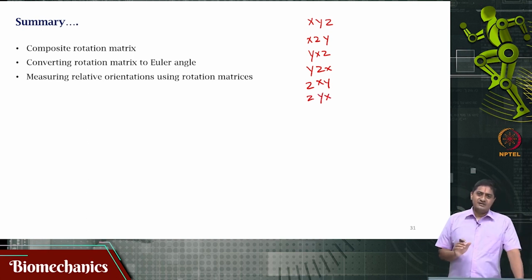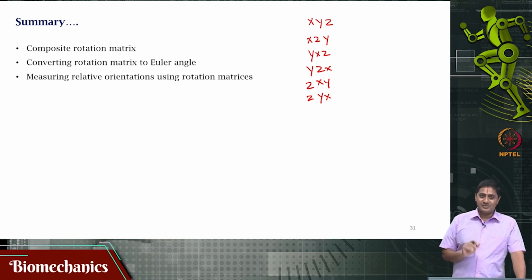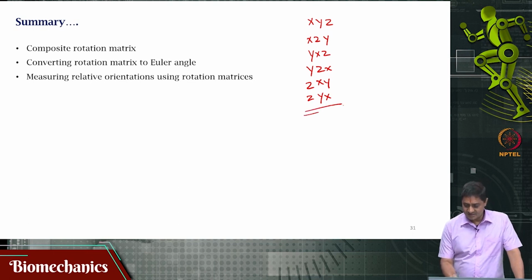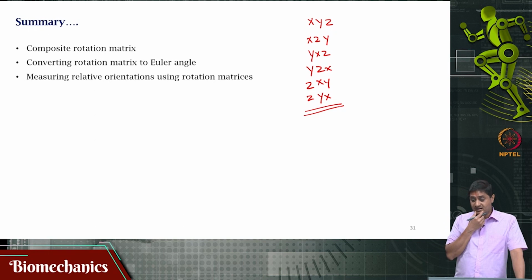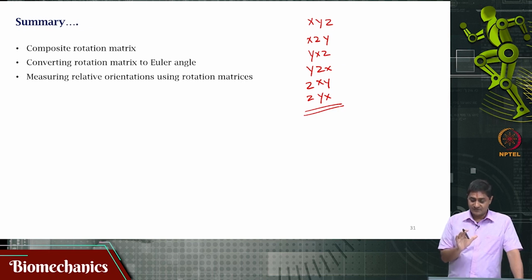If the principal axis is not repeated, then these are the various orders in which I can find the Euler angles. If the axes are not repeated, I am going to have these 6 possibilities. I can have other cases where one of the principal axes repeats, but that is a complicated problem to deal with, which we will not discuss as part of this video.